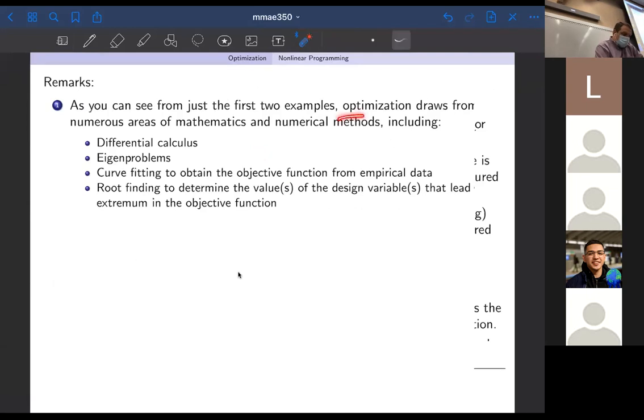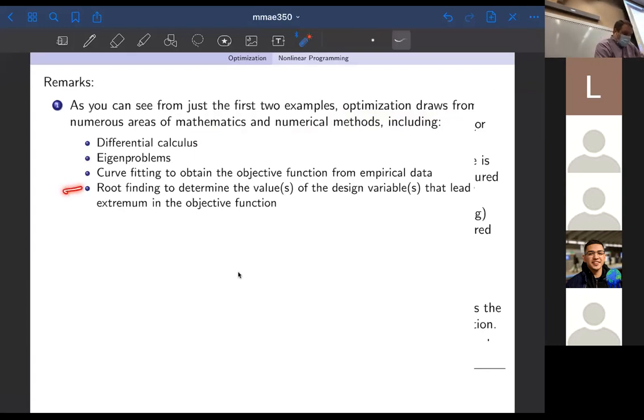So you can see one of the great things about optimization, which is also one of the hard things, is that it draws from a lot of the mathematics and numerical methods that we have already learned. It's rooted in differential calculus, so taking derivatives and setting them equal to 0. Sometimes when we do that, we end up with eigenproblems, which of course is a linear algebra issue. Curve fitting was necessary to take my raw data and turn it into a functional behavior that I could then differentiate for the optimization.